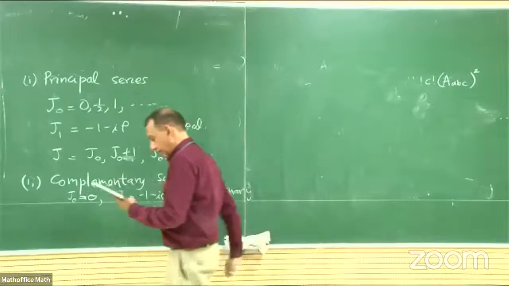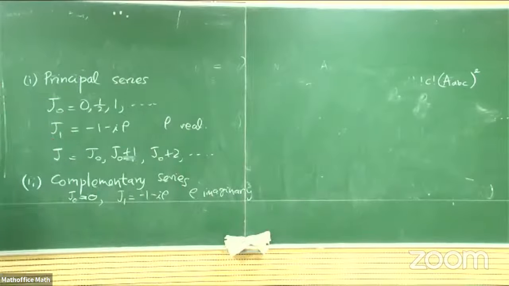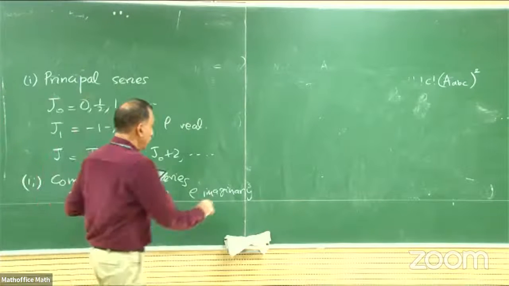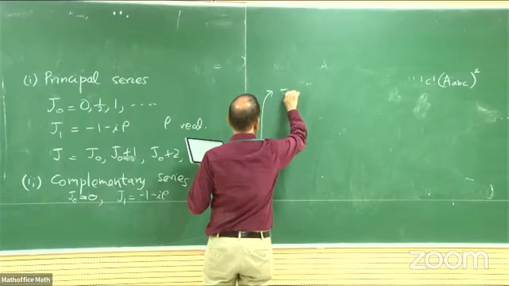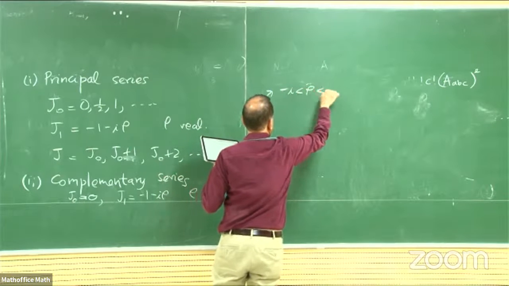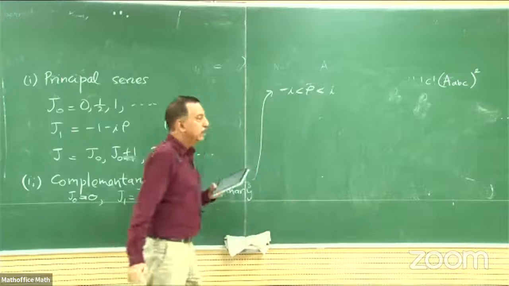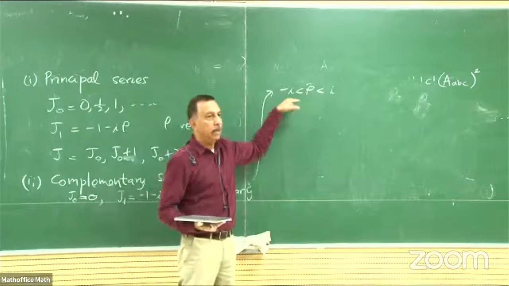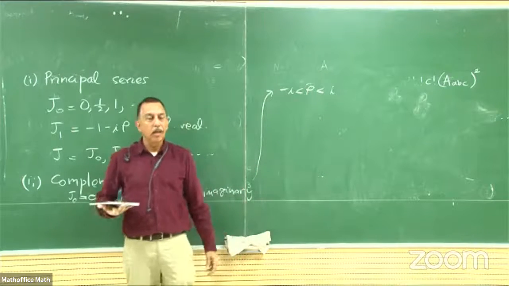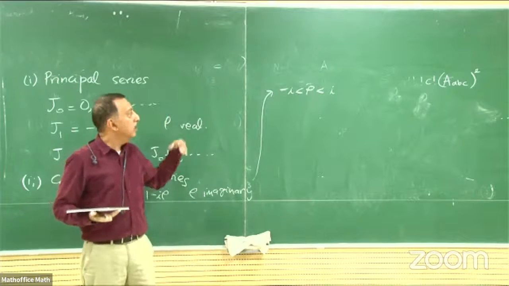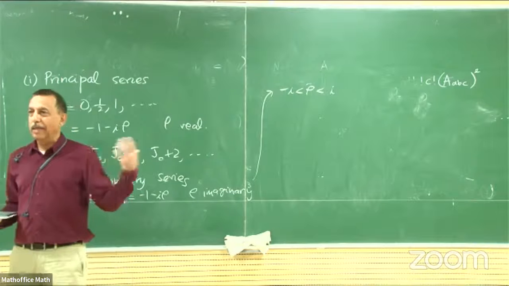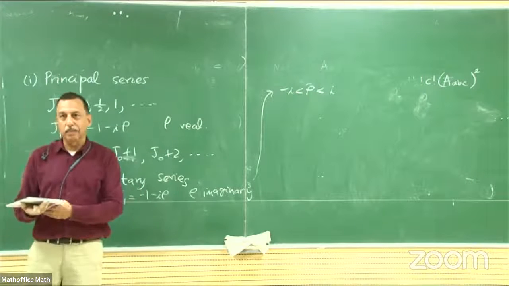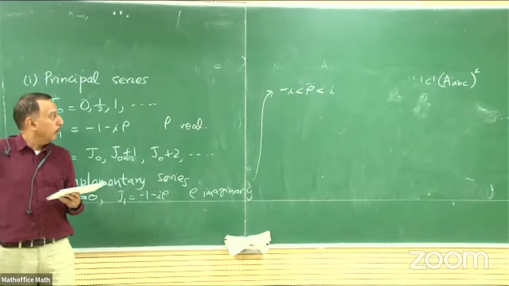And the constraint on rho is that minus i is less than rho is less than i. So by this, I mean that rho is on the imaginary axis and it lies between these values. So many authors first redefine rho to be i times another rho or something else, and then that is between minus and plus 1 or something.